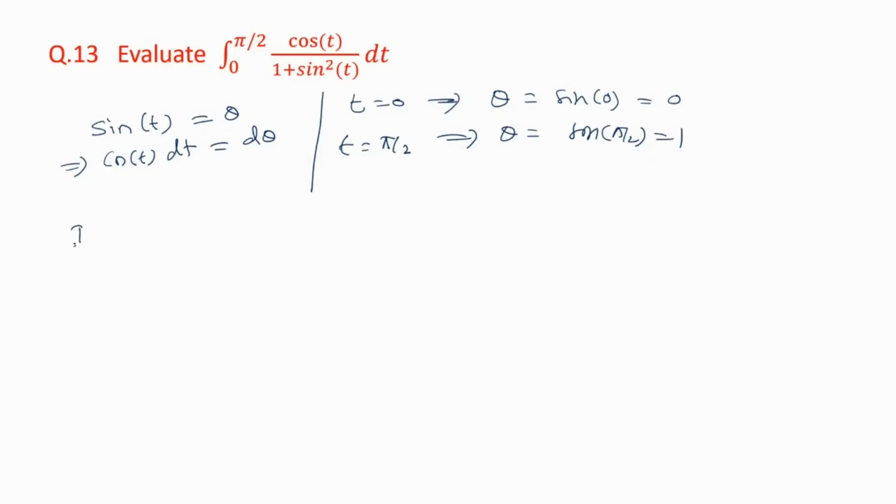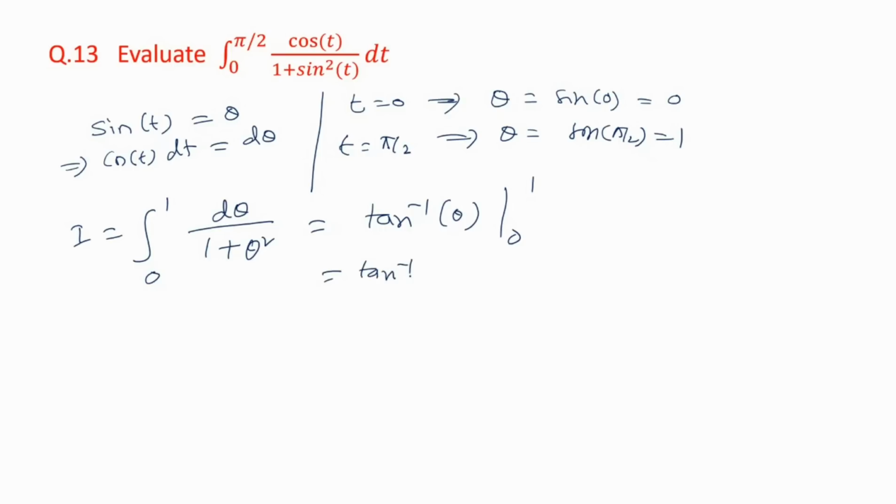So therefore I equals integral 0 to 1 d theta over 1 plus theta square, which is equal to tan inverse theta, limit is 0 to 1. So tan inverse 1 minus tan inverse 0, so this is pi over 4.